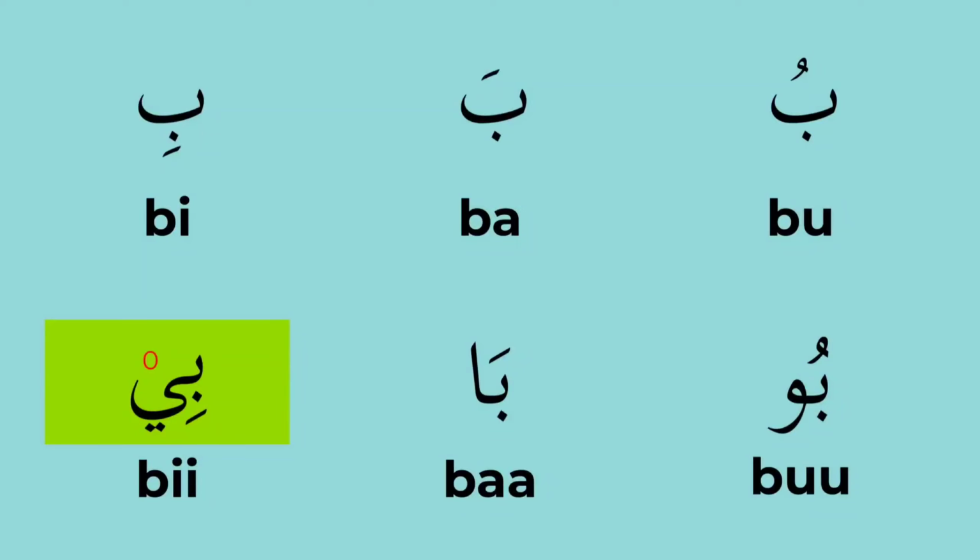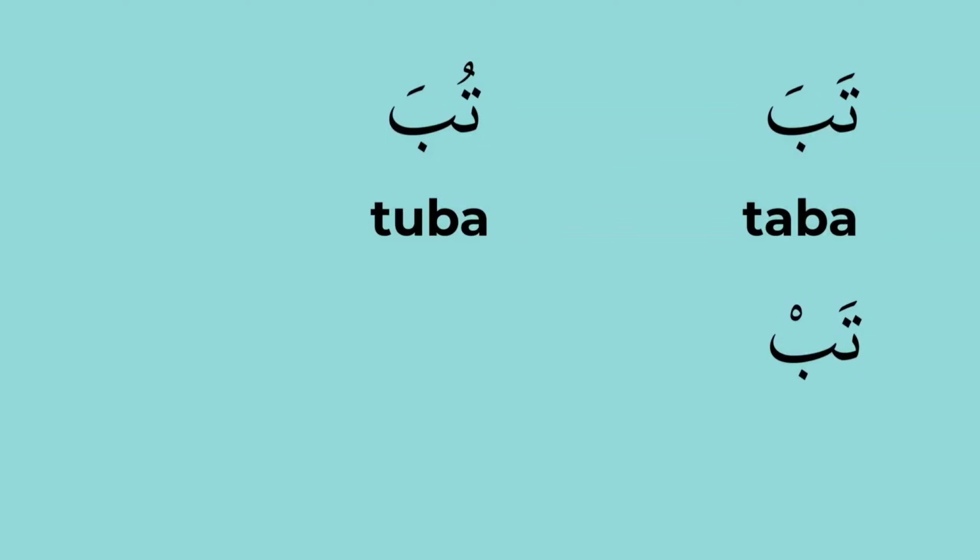Okay. I give you another example, brother. What is this, brother? Taba. Okay. And what is this? Tuba. Are you with me? Now I write down like this. What is this?